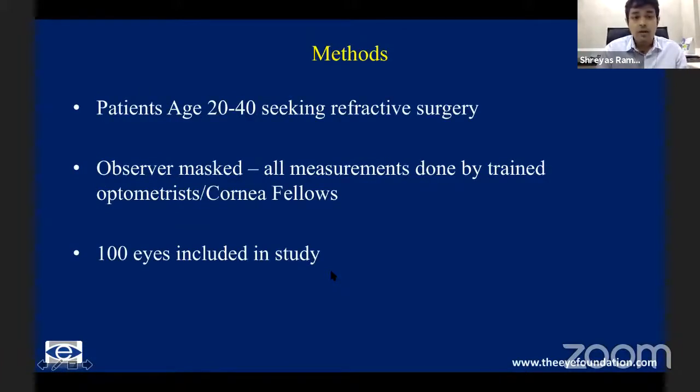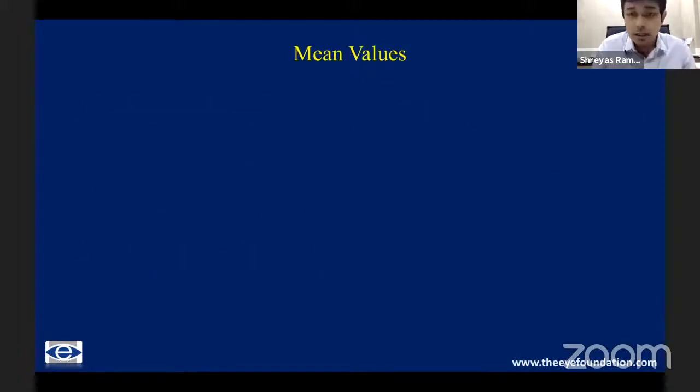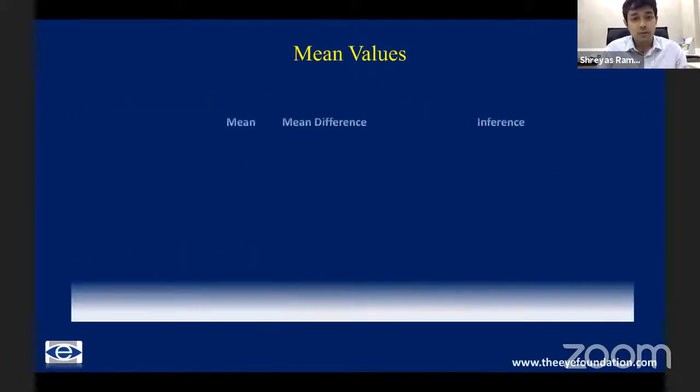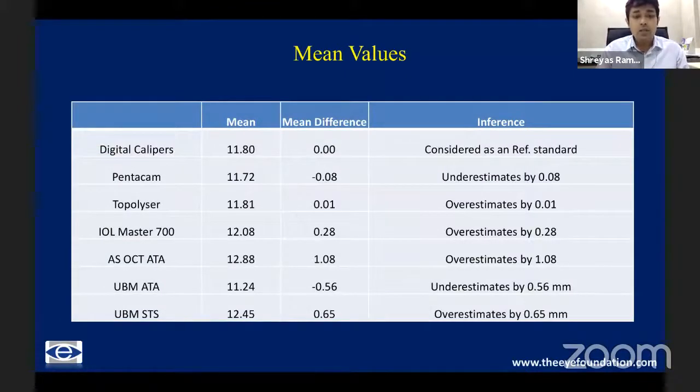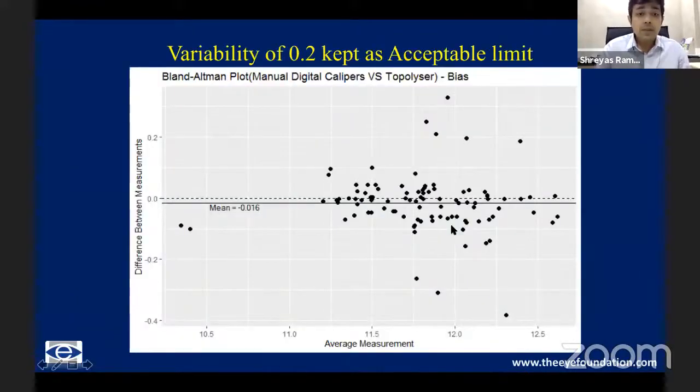We looked at about 100 patients who were in the refractive surgery age group, and all measurements were done by a trained optometrist or by cornea fellows. If you just look at the mean values, just like in other studies, all the mean values looked very close and looked as if they could be interchangeable. But if you kept 0.2 millimeter as the variability limit, because anything more than 0.2 millimeter can cause a change in the size of lens that you'll choose, there was a high degree of outliers that you could see.